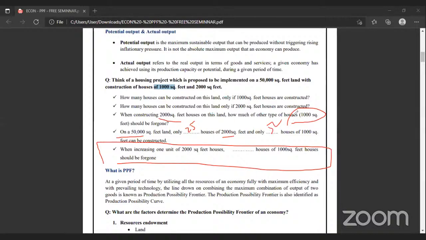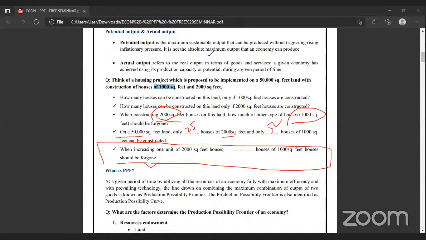Then how many are we sacrificing? 50,000 square feet houses. But in your A-level they will also be asking you unit based questions, right? What is it? If 10,000 feet houses are constructed, then how many of 2,000 feet?